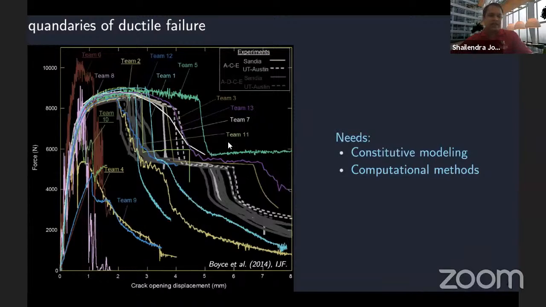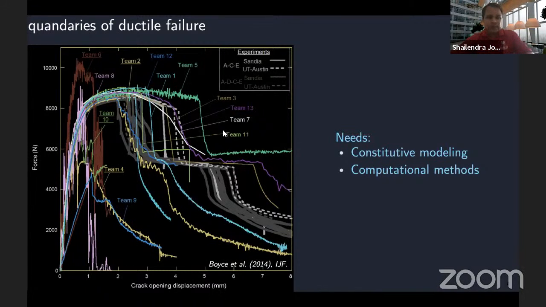And you can see there is a spectrum of responses that you can imagine. Some of these are based on completely phenomenological or empirical models. Others are based on highly resolved computational frameworks, including peridynamics, for example.